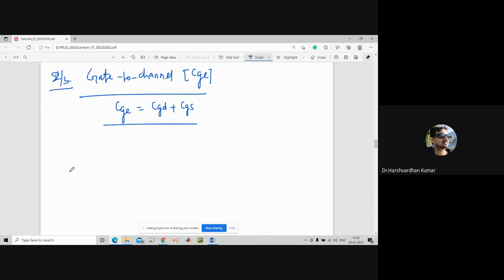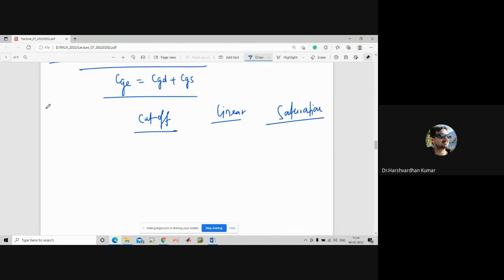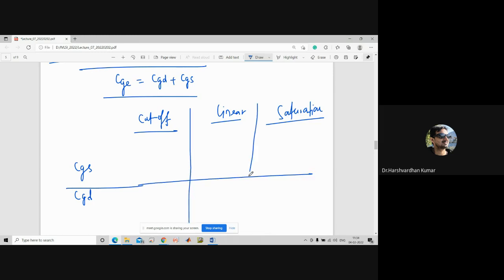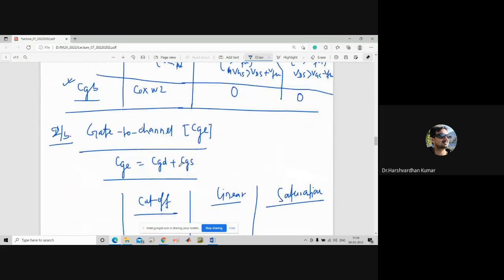So let us see about the gate to channel. Again there will be three regions: cutoff, linear and saturation. There are two capacitances under this, gate to source and gate to drain. Let us talk about the gate to channel first.